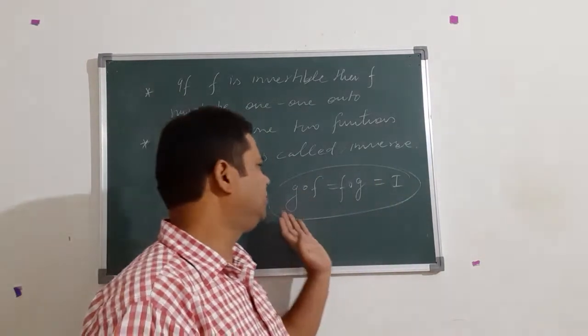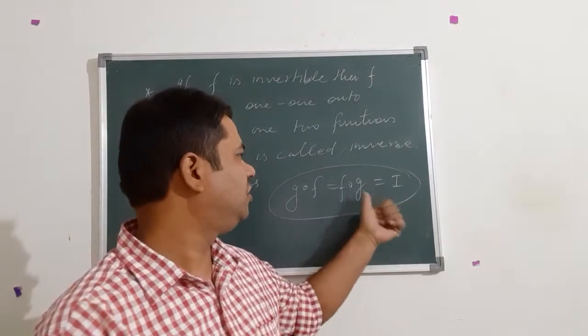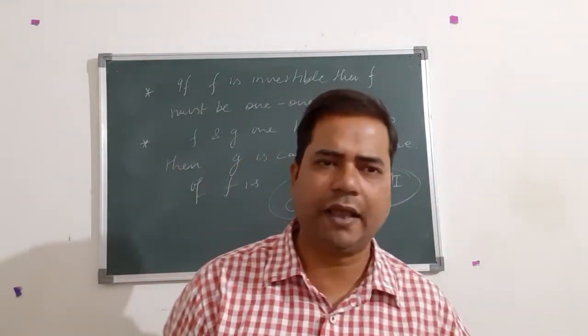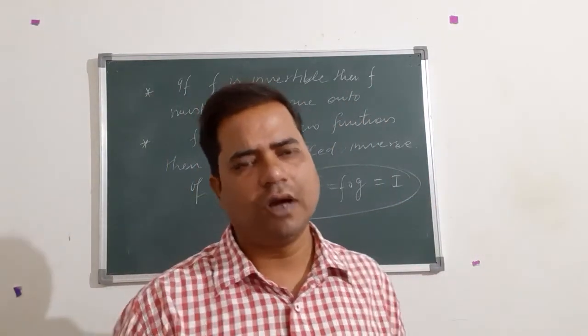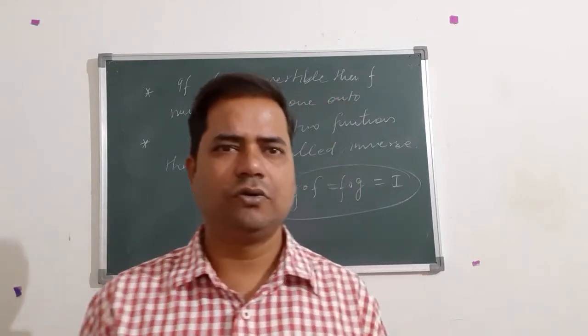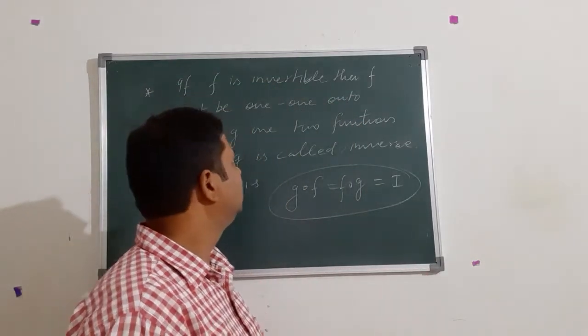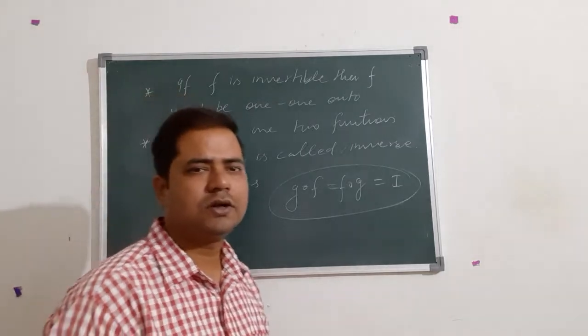That is, f composition g of x is x, and g composition f of y is y. Then this is called an invertible function. Okay? So note it down. Then we shall discuss some questions based on this. Okay? So note down.